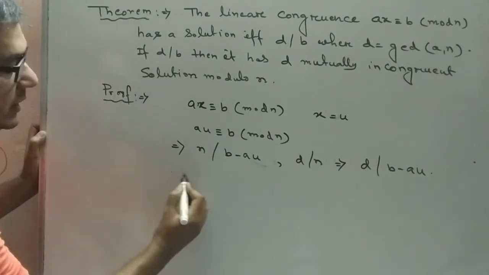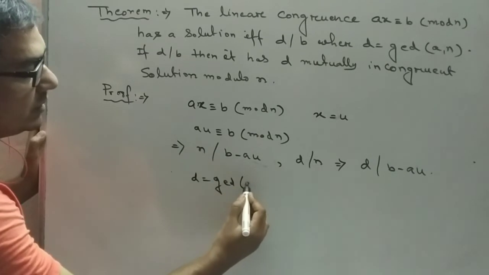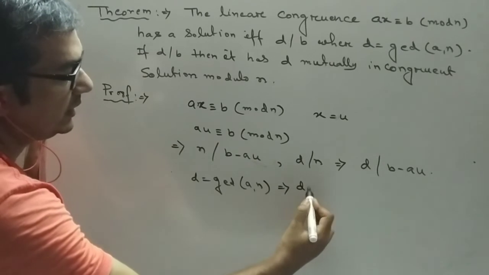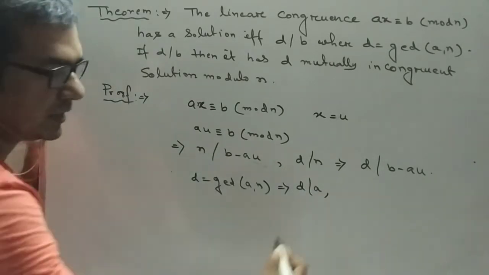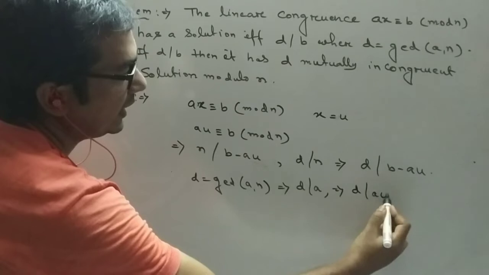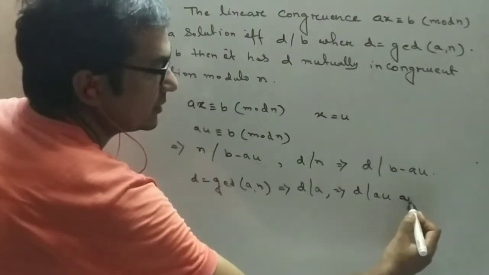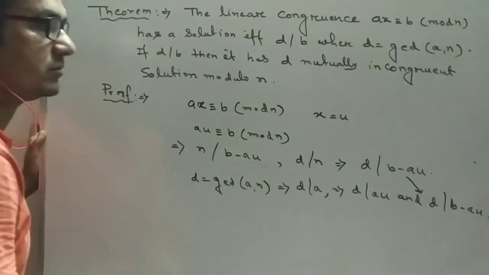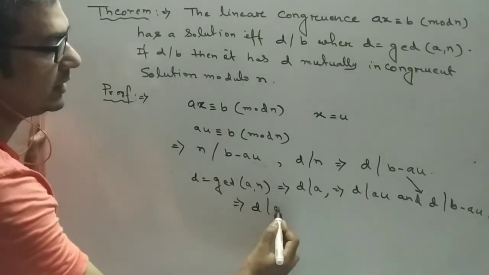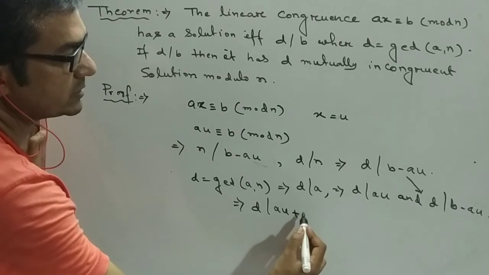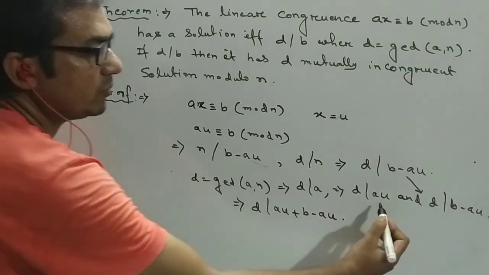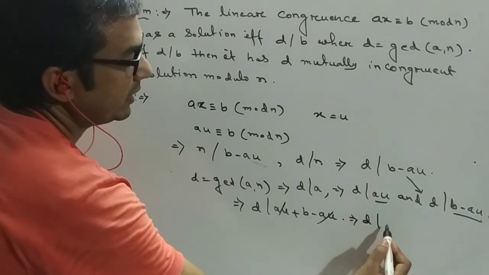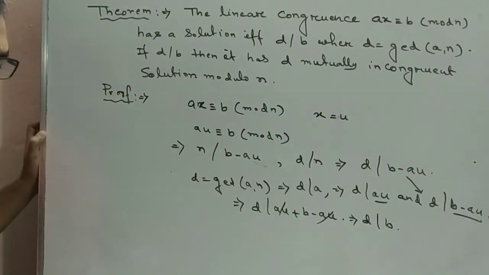Also, D equals GCD of A and n, that is, D divides A, so D divides AU. And D divides B minus AU, so D divides the sum AU plus B minus AU, that is, D divides B, right?